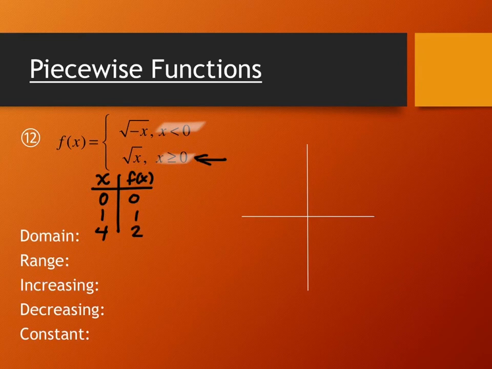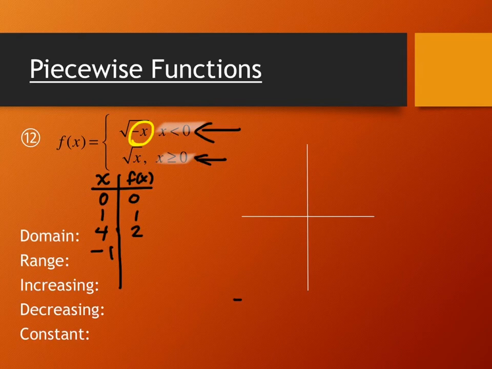We also need to pick values that apply to the top equation. These are values that would be less than 0, right? So somebody pick me an x value that's less than 0. I'll move my table of values here in a minute. Negative 1. Now notice, if you put a negative 1 in here, you're going to have the opposite of negative 1. There's two negatives: one that's already in the equation, and the other that's a part of the number you chose.